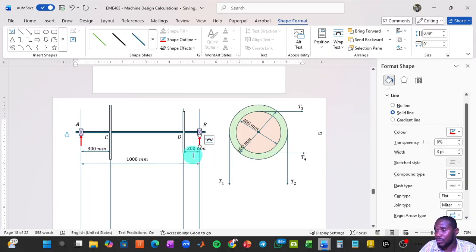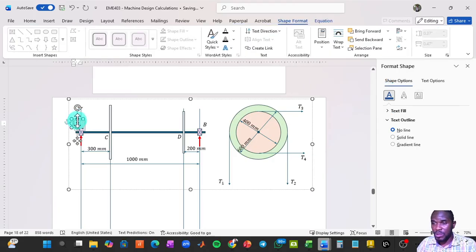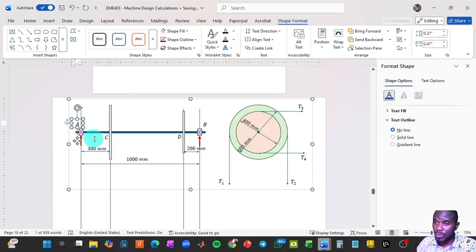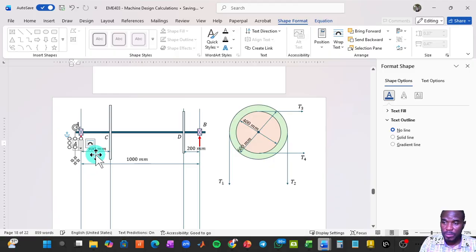Okay, there we go. If I would label that, I will label that R. Let's come down here, path. So this will be R underscore AV.